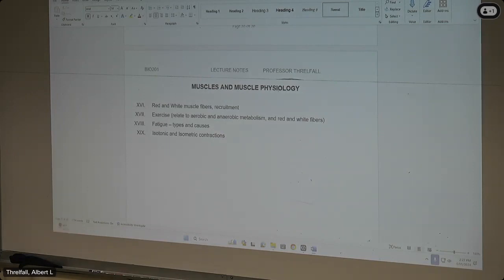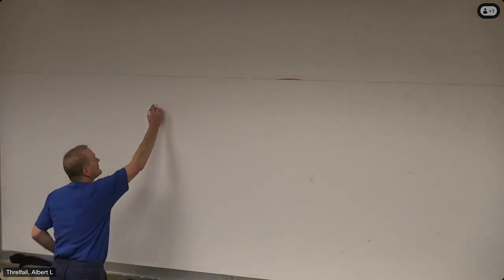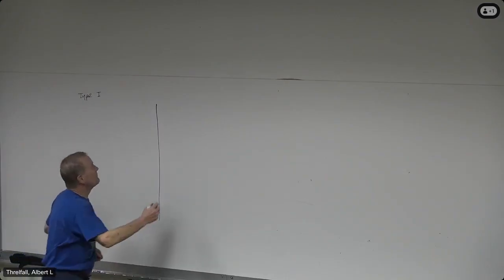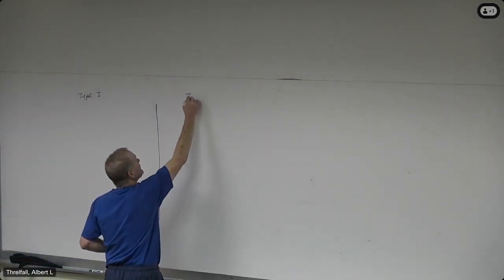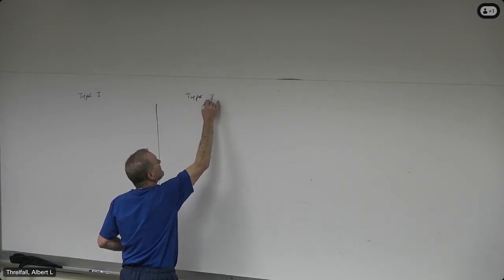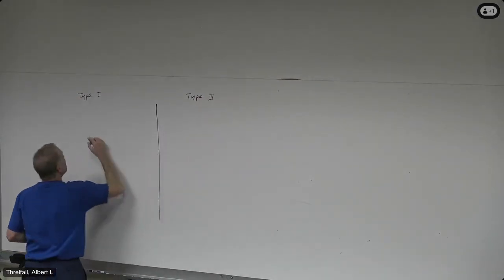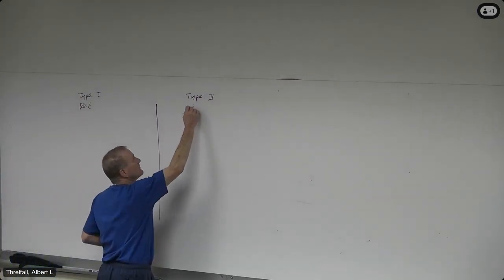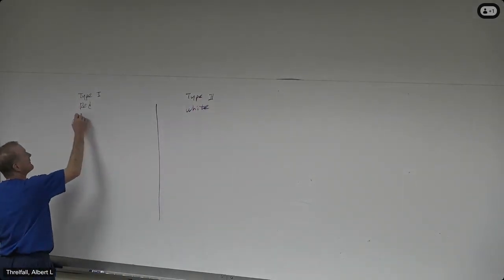So let's make a chart. We can call these type 1 and type 2. Or we can call them red and white. Or we can call them aerobic and anaerobic.